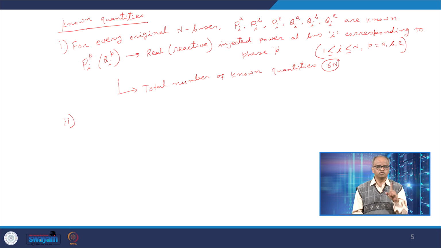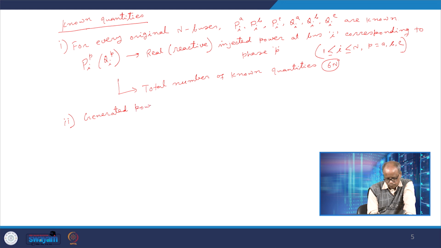So out of m generators, we can pre-specify the generated power for the remaining m minus 1 generators.